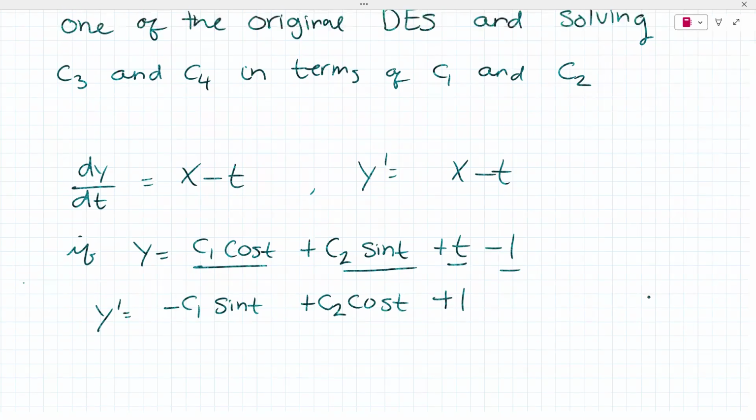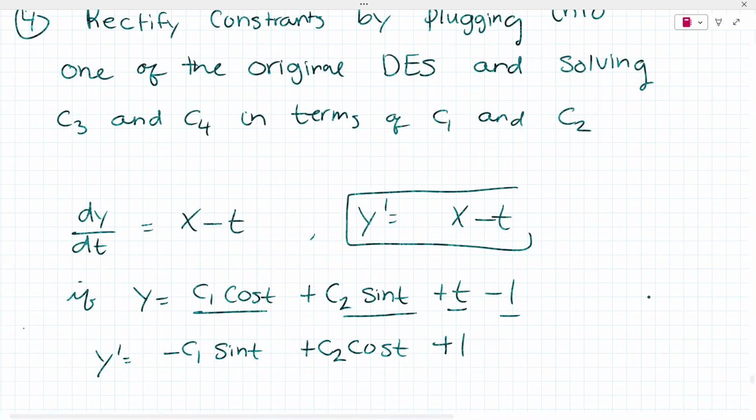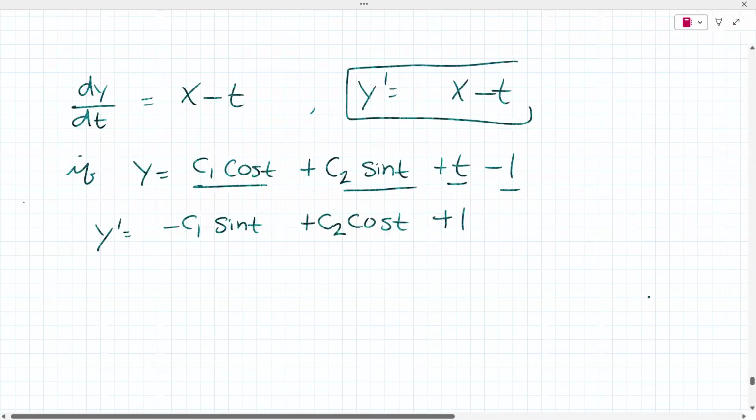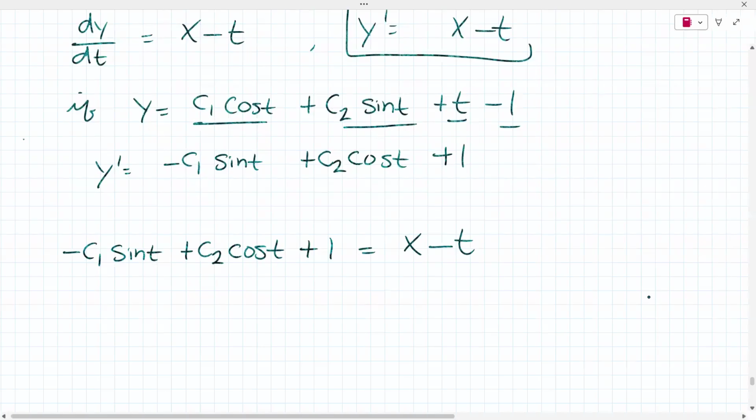So then what we do is we just put it here. We know our y prime, which is this, set it to x minus t. So you're going to set it up as negative c1 sine of t plus c2 cosine of t plus 1 equals x minus t. Now, what is x?